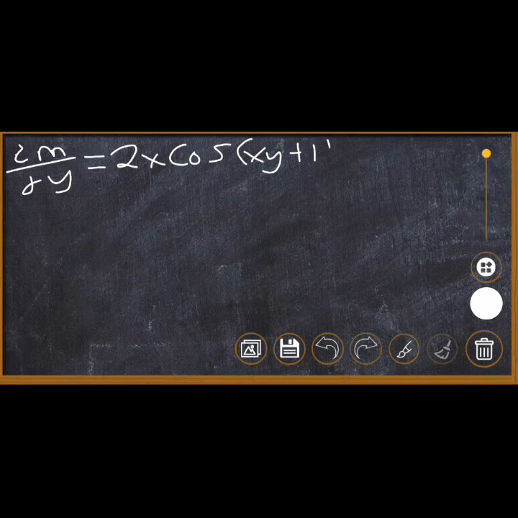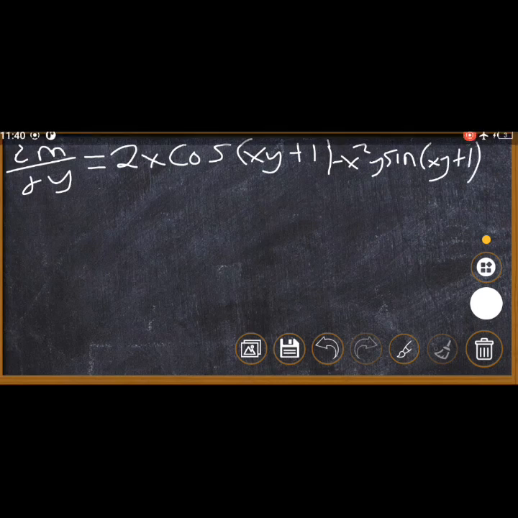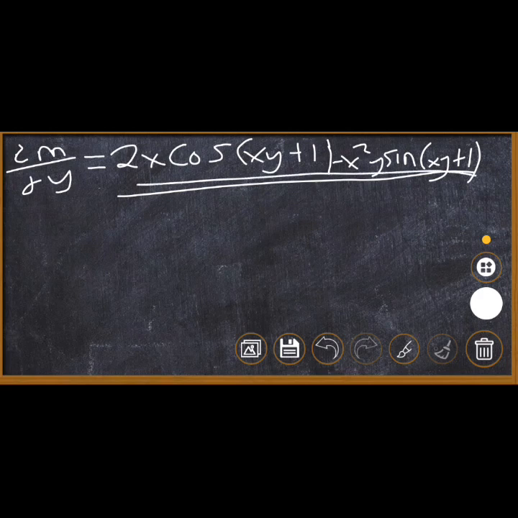So here we cross these brackets. Remember, this side we have minus x squared y sine of xy plus 1. So this is our differentiated expression for m.